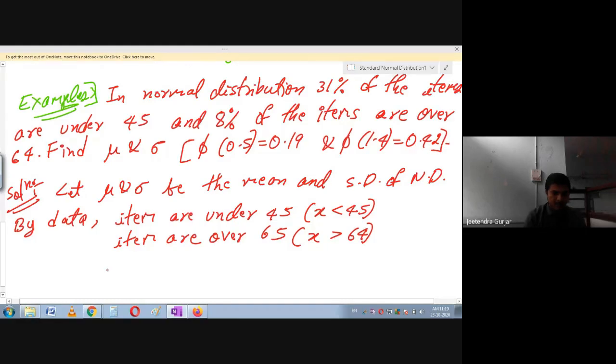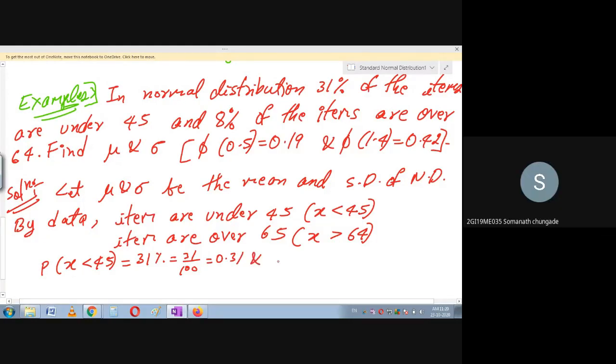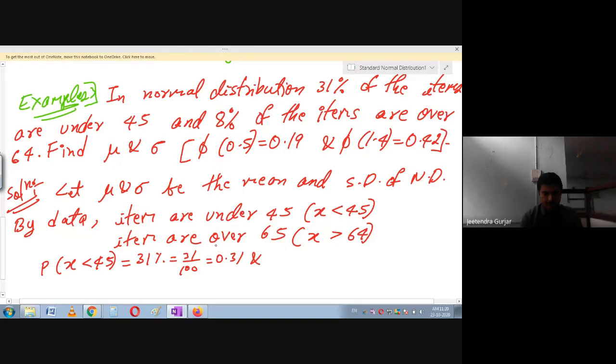So please remember, you are going to find the probability of x less than 45, but they have already given here, students, it is 31%. So 31% means what, students? If you simplify this, this is 31 divided by 100, which is 0.31. Please remember this. Similarly, over means it is more than 65.